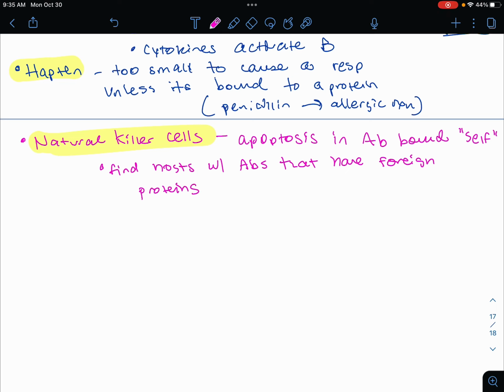This is called antibody-dependent cellular cytotoxicity, the ADCC. The NK cells have the Fc receptors for IgG molecules.